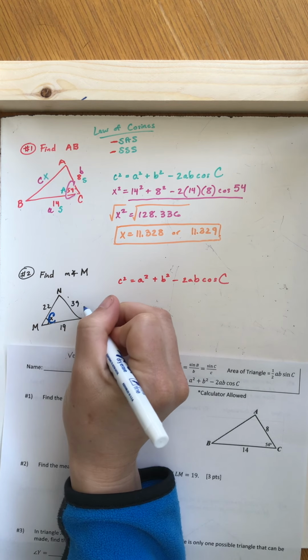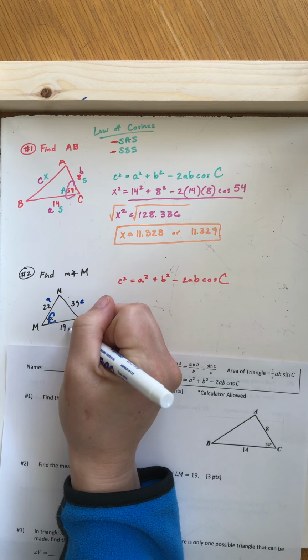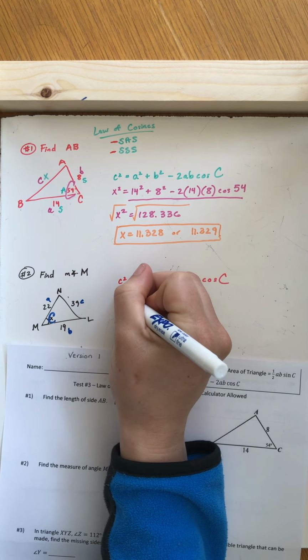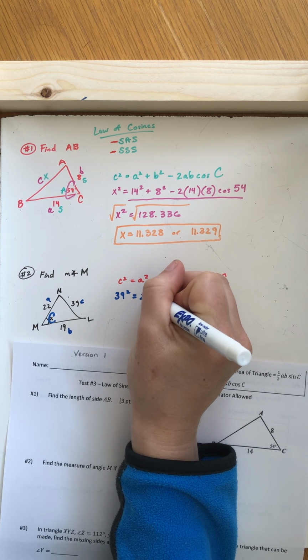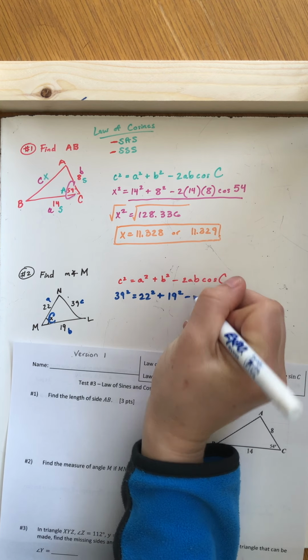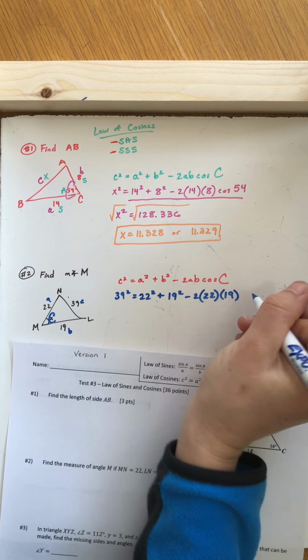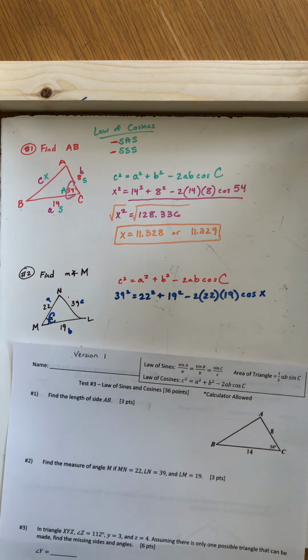So that's going to be my X, which means little c has to be across from it. And then A and B, it doesn't matter which order you do them in. So I have 39 squared equals 22 squared plus 19 squared minus 2 times 22 times 19 times the cosine of x.